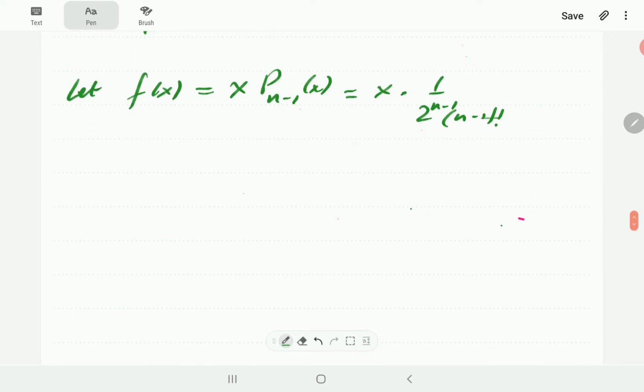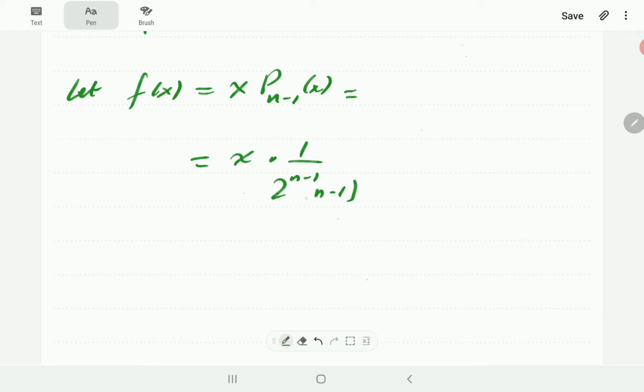We're probably going to run out of space there, so let's just do it below here. So this is going to be equal to x times 1 over 2 to the power n minus 1, n minus 1 factorial. Then the n minus first order derivative of x squared minus 1 to the power n minus 1.